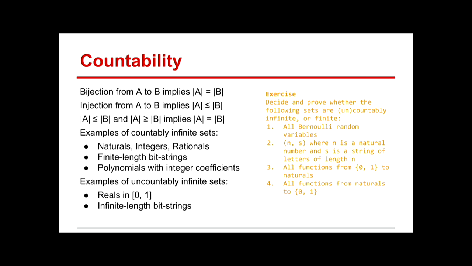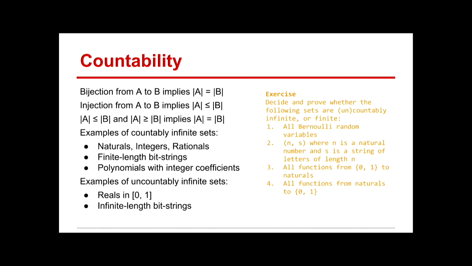Okay, what about question 2? Who thinks it's finite? Who thinks it's countably infinite? Okay. Who thinks it's uncountably infinite? Alright, yeah, the answer is that number 2 is countably infinite.